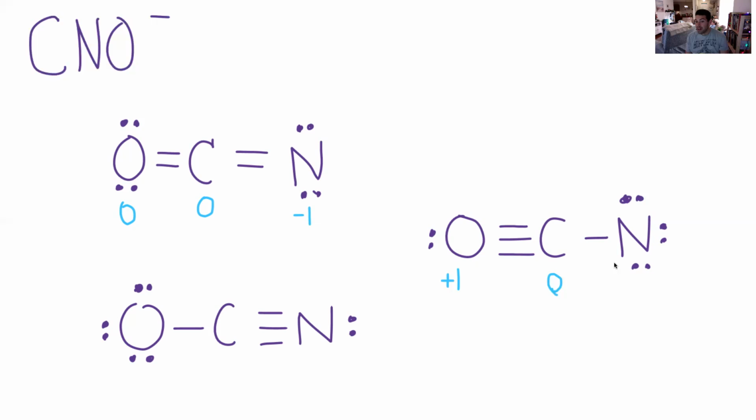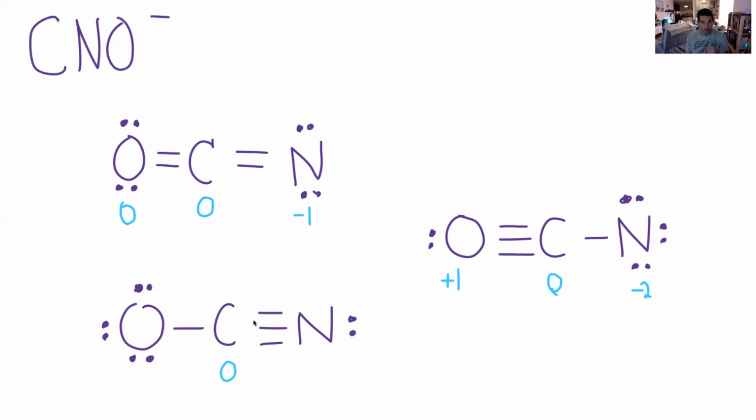Nitrogen should have 5. In this picture, it has 7 around it. So that's giving it a -2. So +1, 0, and -2 adds up to -1, but we like the first one better because we like having more atoms with a formal charge of 0. We don't want to get too far away from 0 in our formal charge.